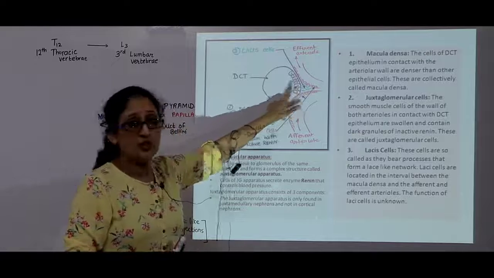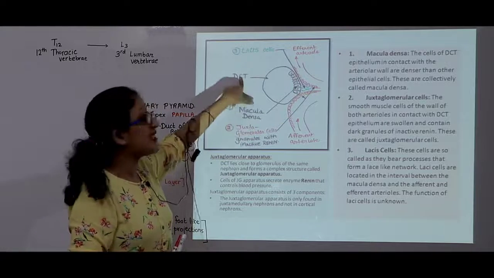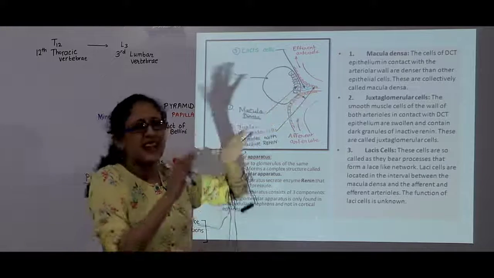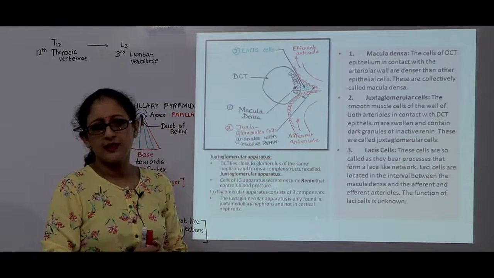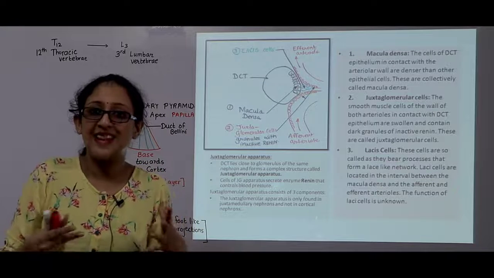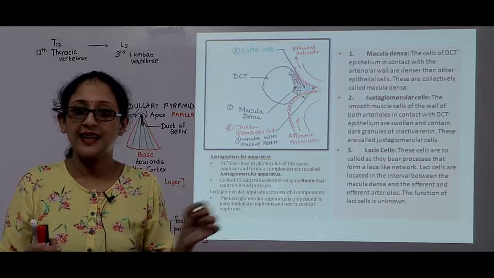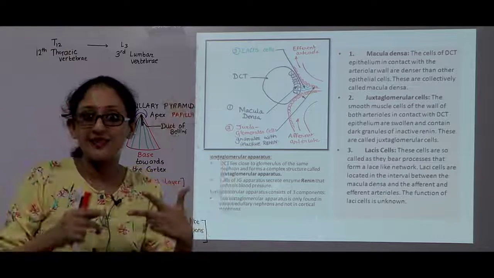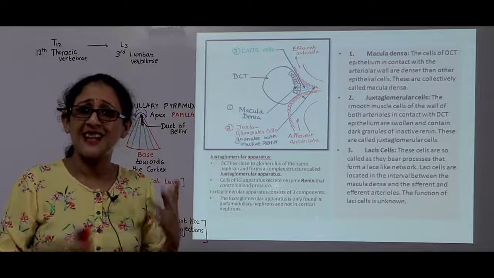The black portion is the macula densa of the DCT, and in between the two, can you see this light green faded thing? Very thin cells. You know, this fabric called lace, L-A-C-E. You have it in dresses, you can have it in curtains. So it kind of looks like lace.